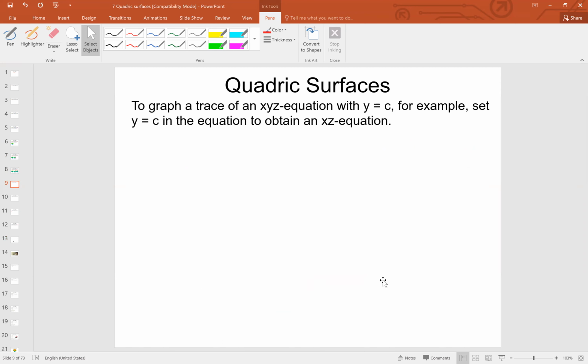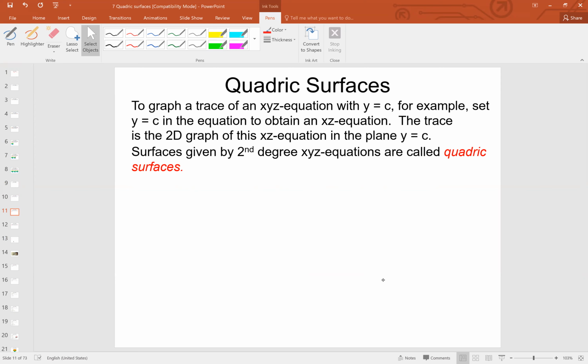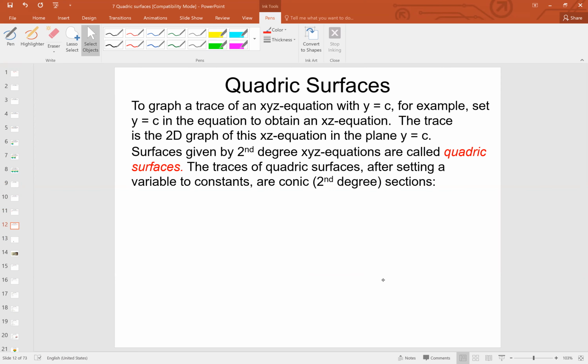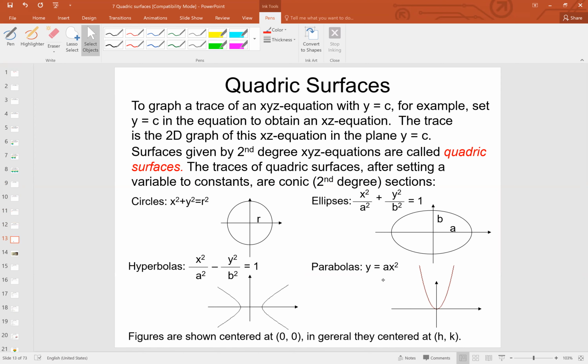That is, we're going to set one of the variables to be a constant. If we have a second degree equation in x, y, z and we set one of the letters constant, we're left with two letters of second degree. So, to remind students, here is what the graphs look like for second degree with two letters.